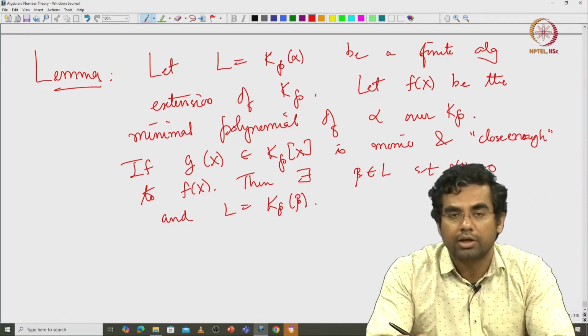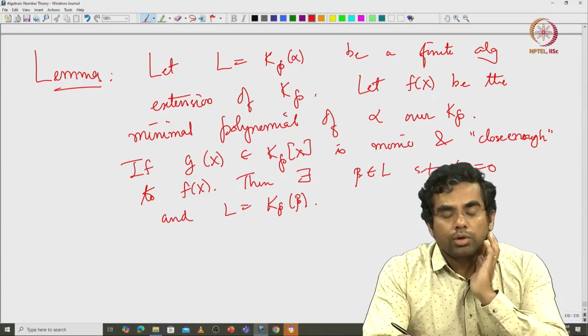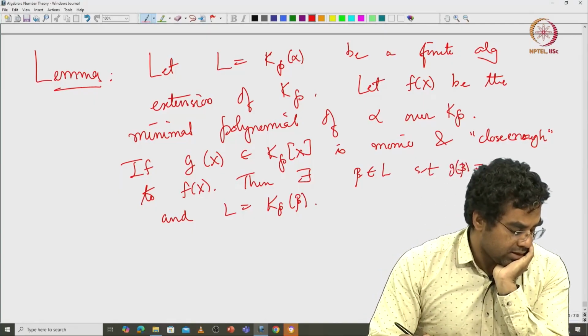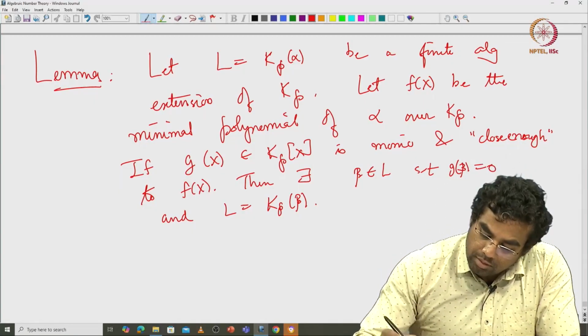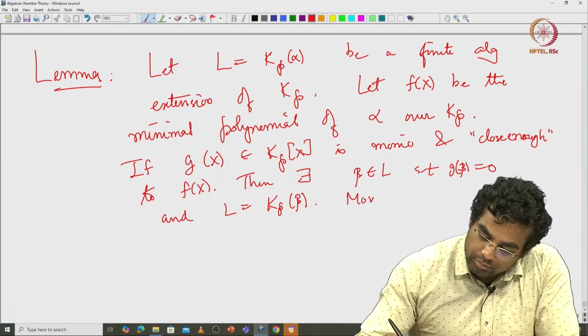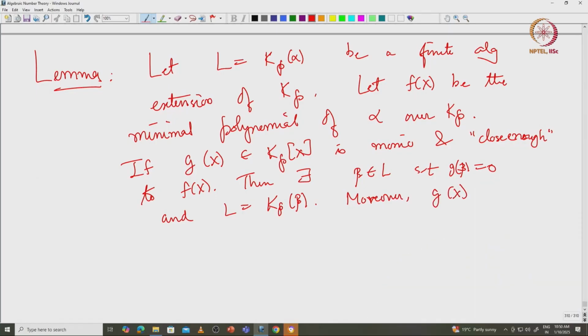So, L was generated by alpha, but you can generate it by something else like this. Moreover, this last point turns out to be easy once we prove all the other parts: g of x is irreducible.